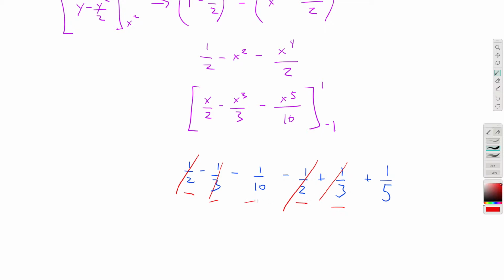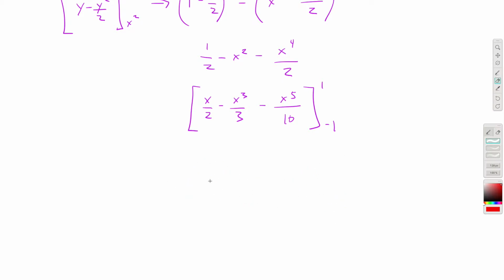Then you got negative 10 here and 1 on 5 here. I think I screwed up. Oh, you screwed up. Alright. See, this is why you don't take shortcuts, because you will screw it up. Alright, let's just do this.